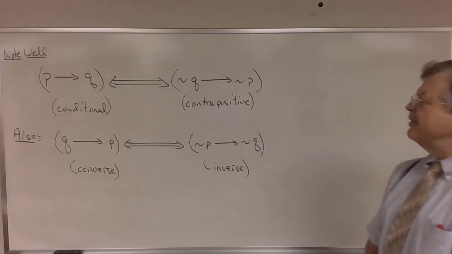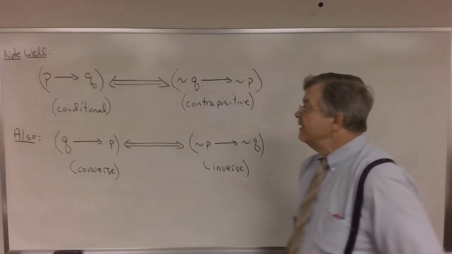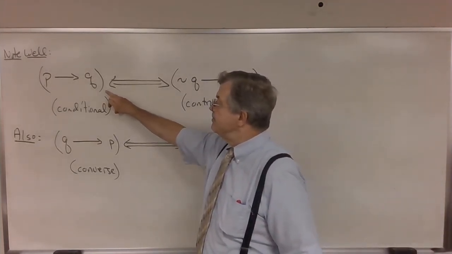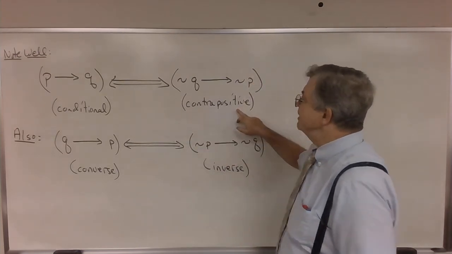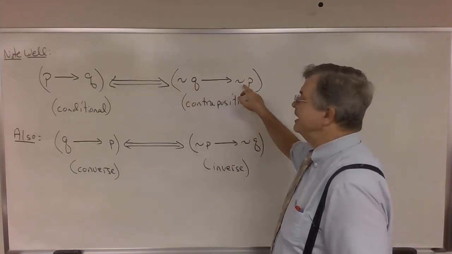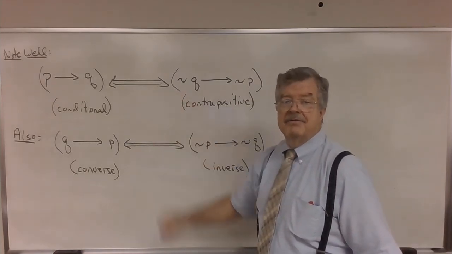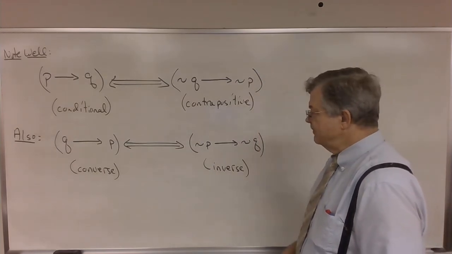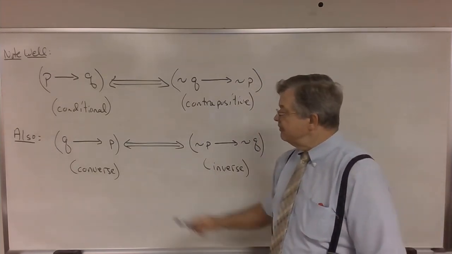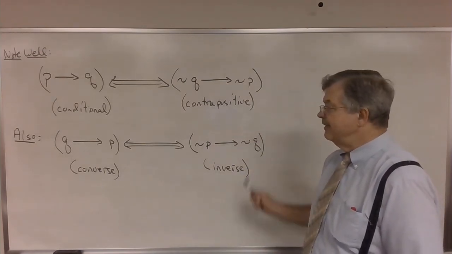Now let's summarize this. This is what we just showed. The conditional statement, P implies Q, is logically equivalent to the contrapositive, not Q implies not P. These two things are logically equivalent. And this is very important. It's also true that the converse is logically equivalent to the inverse.